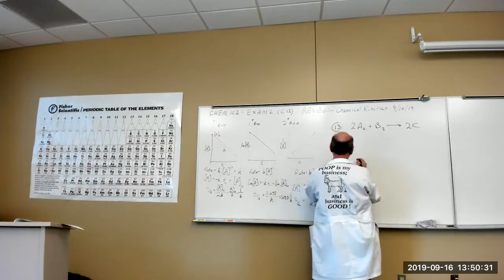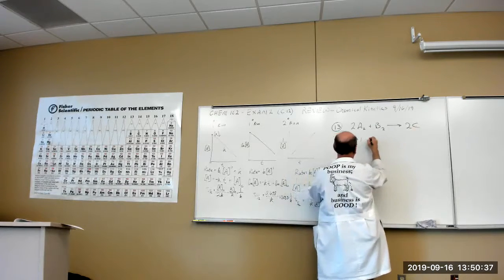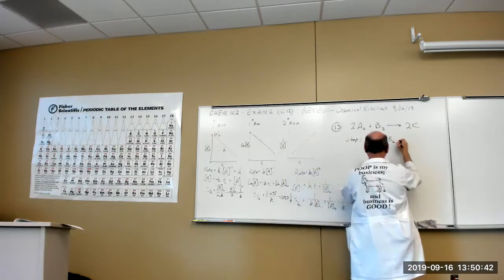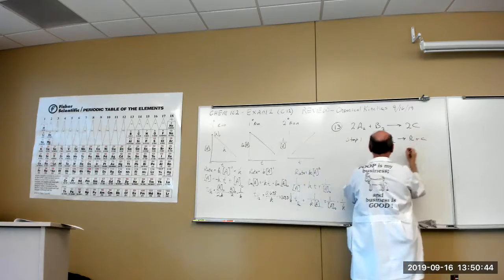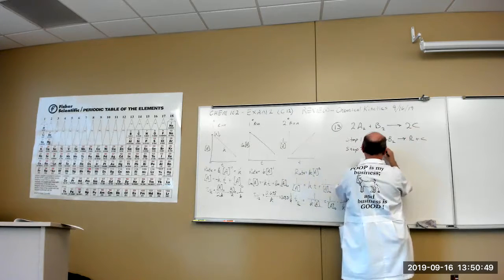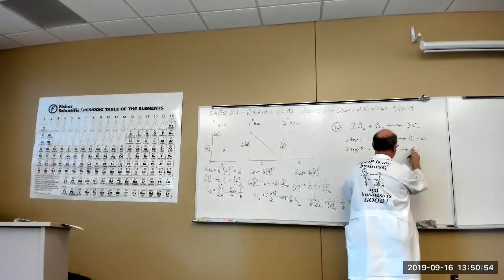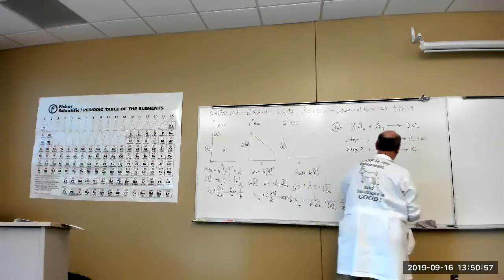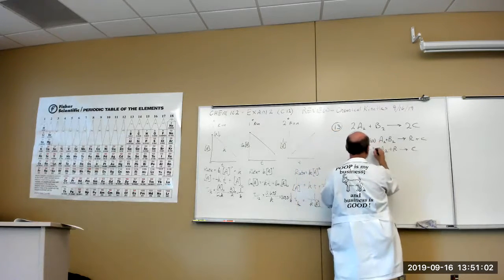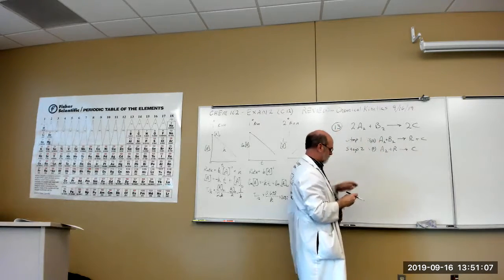And the very slow, yeah, we have seen this one. So step one is this one, plus B2 yields RC, and step 2 is A2 plus RC. And this is the very slow, and this is the slow.